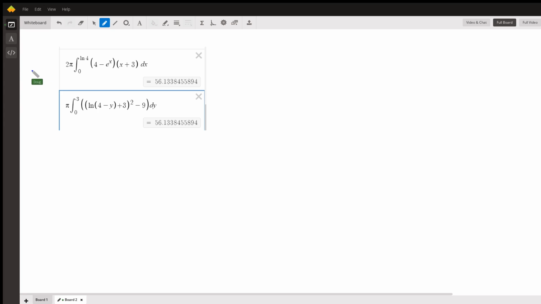Here was the shell method, which gave me 6.1338, and so on. And here is the washer method. Pi times the definite integral from 0 to 3. This is the outer radius here, which we get by taking the right-hand endpoint. Remember, this curve looked like this.